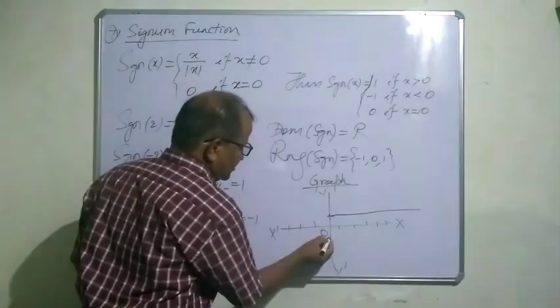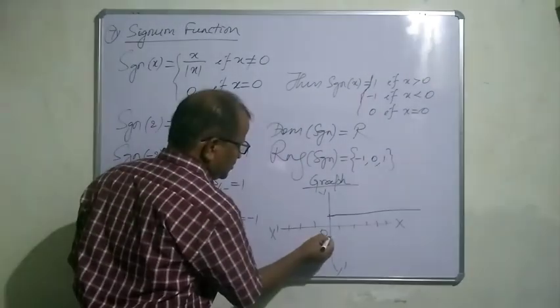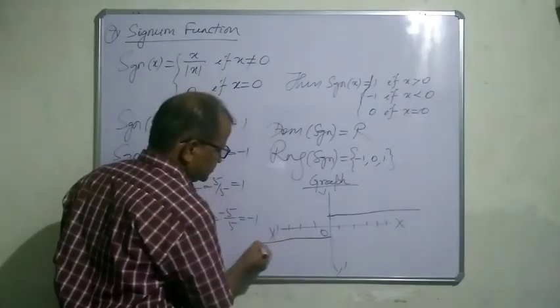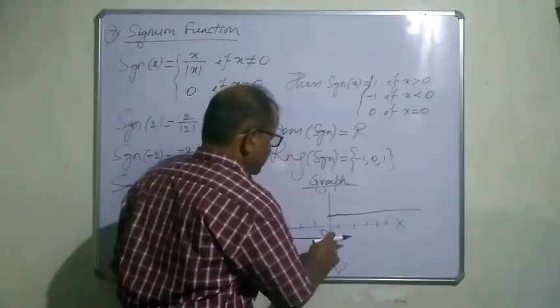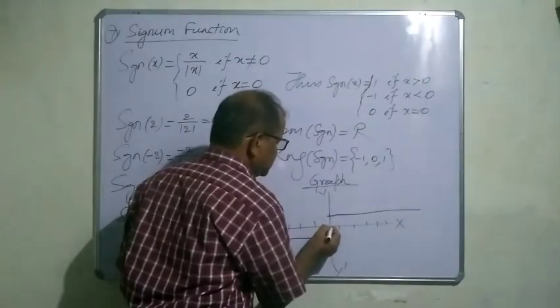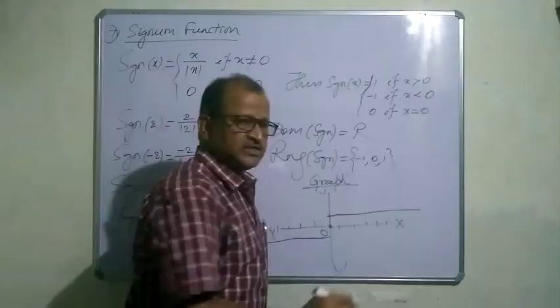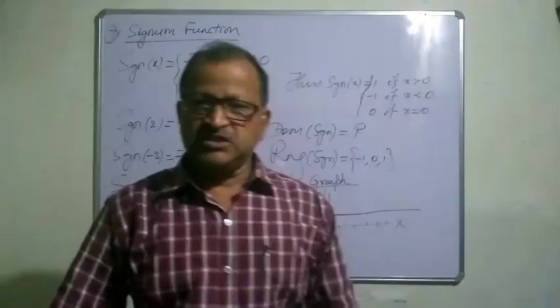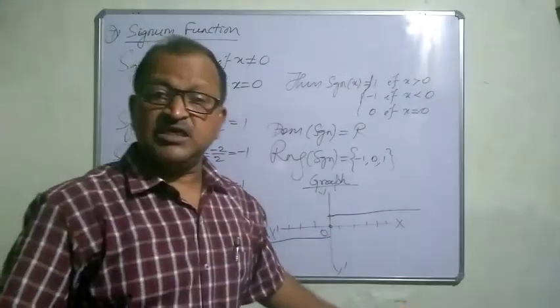And for x negative, it is minus 1. It will be like this. And for 0, it is 0. So this is the graph of your signum function.